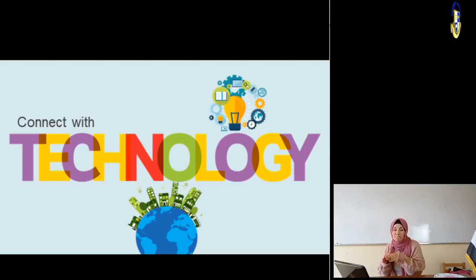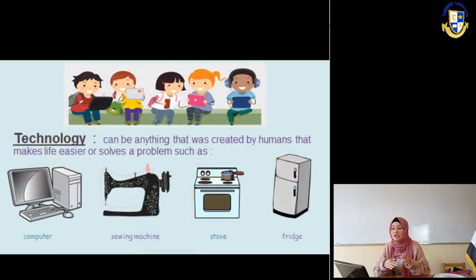So it is anything that can be created by humans that make our life easier or solves our problems, such as the computer, the sewing machine, the stove, and the fridge. The stove is found in our kitchen, that our mom is cooking on it, and the fridge where we put our food in order to keep it cool. Okay, next slide.